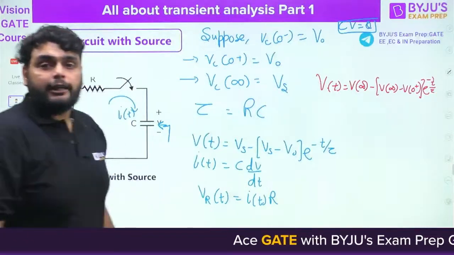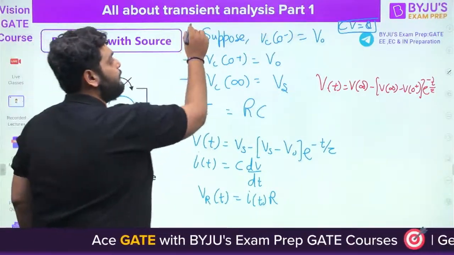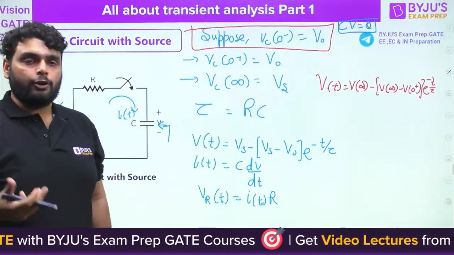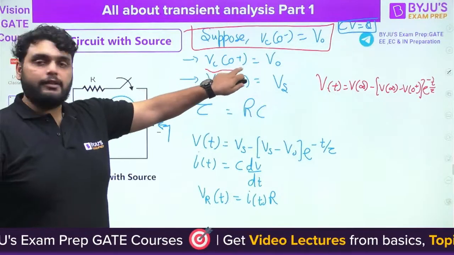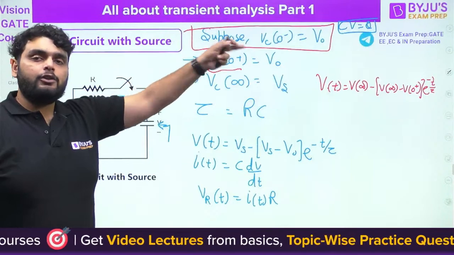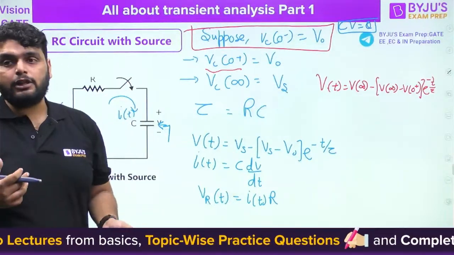So what we have done here, first of all we find out V0 plus. I have assumed that initially the capacitor is charged with the voltage V0, so that will be the initial voltage Vc0 plus. Either it is given in a circuit, or if it is not given, you can take it as 0. Or if the circuit is given, you can find out the initial voltage from there also.